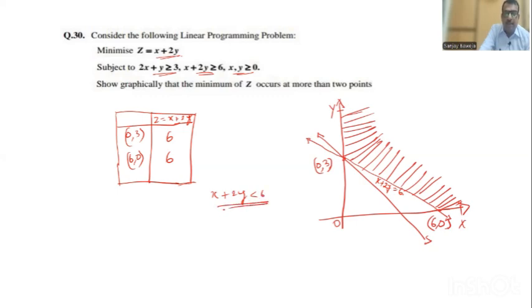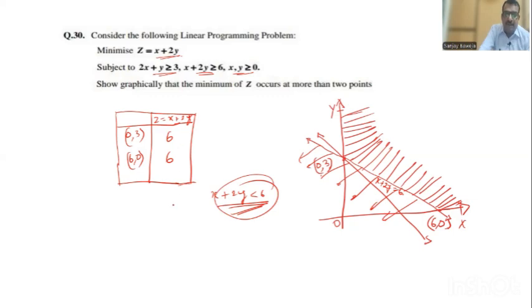And it should wholly lie outside the shaded region. Only then it confirms that these are the 2 points. So when we draw this line, it wholly lies outside the shaded region. There is no point common with this and the other one. So that is a confirmation that the solution lies in the shaded region, including these points.